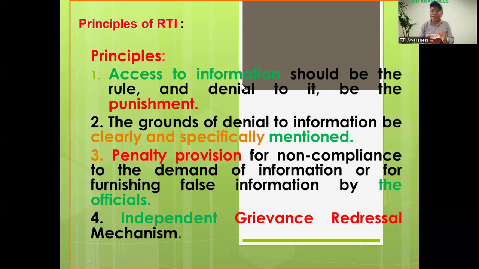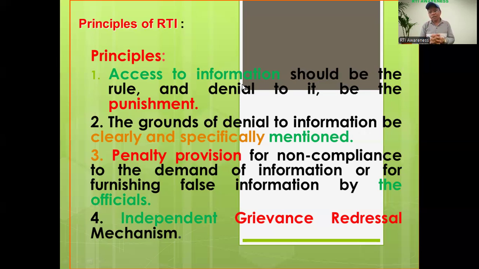Then the third, very important principle, is the penalty provision for non-compliance with the demand for information or for furnishing false information by the officials or public information officer. In these cases, the public information officers who have disseminated their proactive disclosure, or who have disclosed their information consisting of the 17 manuals in their portal, should give updated data.